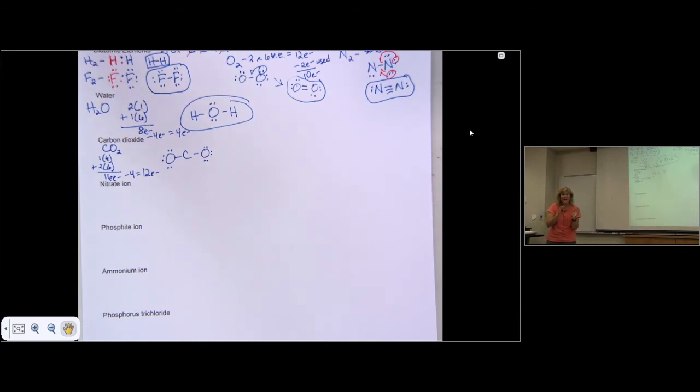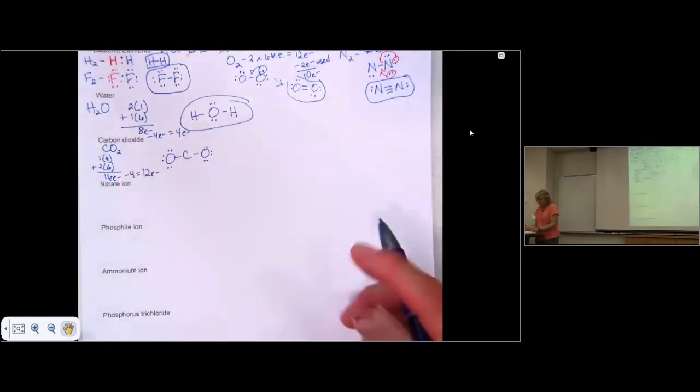So anytime you have oxygen with anything other than fluorine, which is going to be a lot of the compounds and polyatomic ions we're drawing, oxygen is the most electronegative, okay? So that's not too hard to remember, and it definitely applies to a lot of what we're doing today.